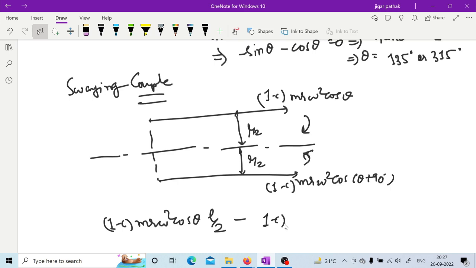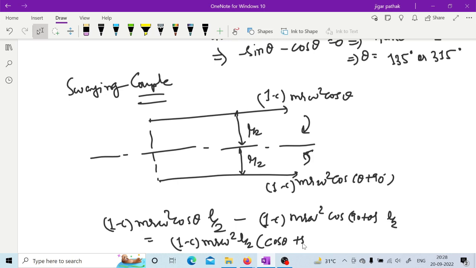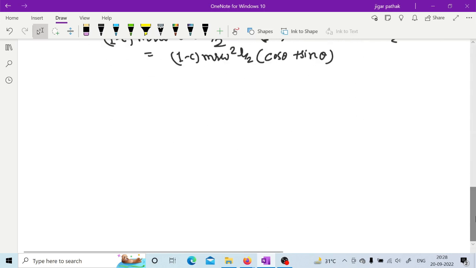So here (1 minus c) m r omega square cos (90 plus theta) L by 2, right? So if you further simplify, you will get (1 minus c) m r omega square L by 2 common for both, so (1 minus c) m r omega square L by 2 times (cos theta plus sin theta). And here also (1 minus c) m r omega square L by 2 is constant.